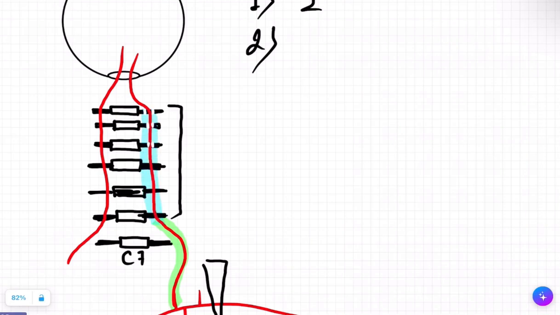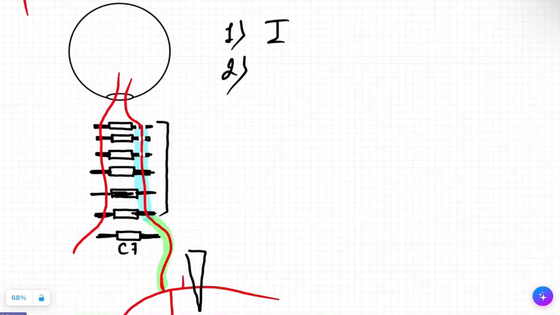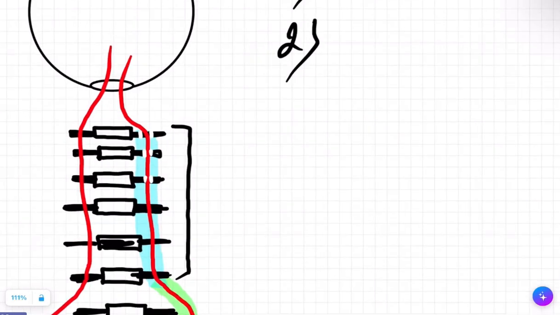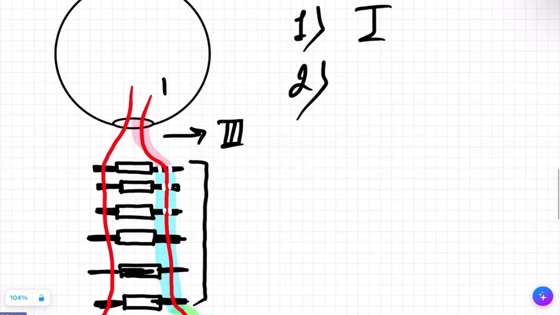This is the second part of the vertebral artery. Then the third part is until we have gone inside the skull, that is from the C1 cervical vertebra to the foramen magnum. This part is our third part. And then this is our intracranial part, or the fourth part.